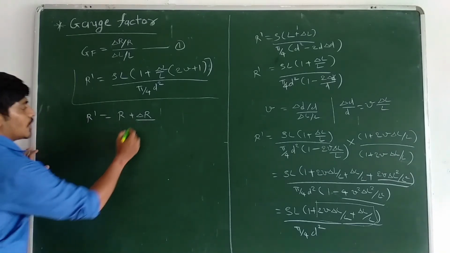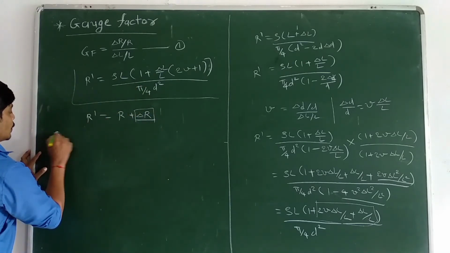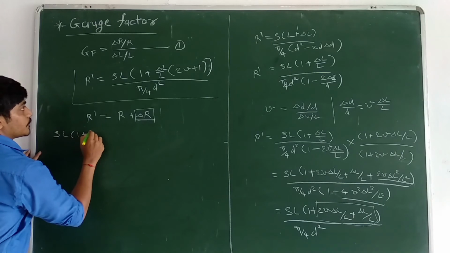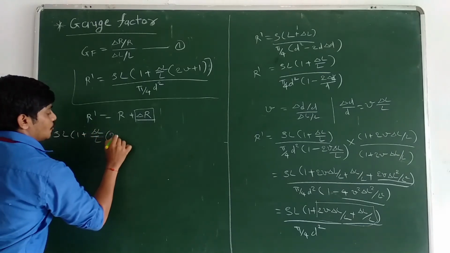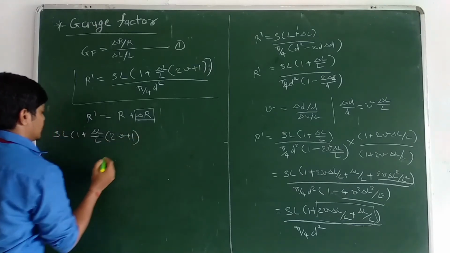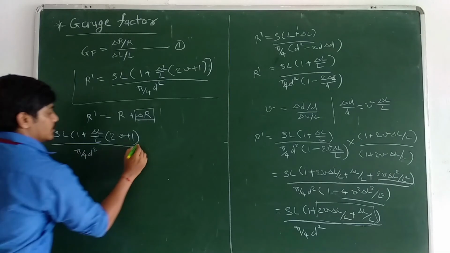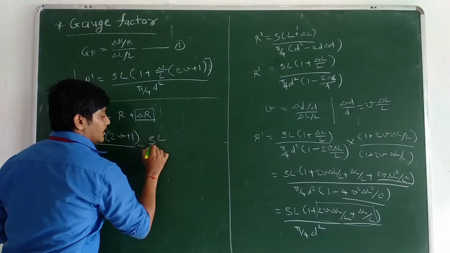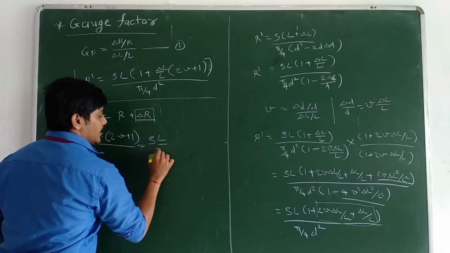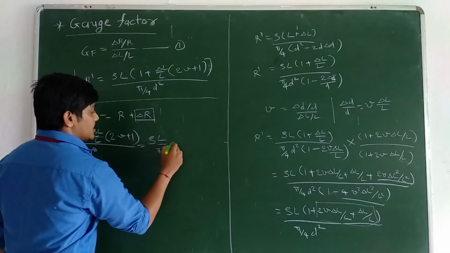So if we need to define the ΔR value, we need to derive the equation: ρL(1 + ΔL/L(1 + 2ν)) / (π/4 d²) is equal to R, that is ρL/A, where A is πd²/4, plus ΔR.